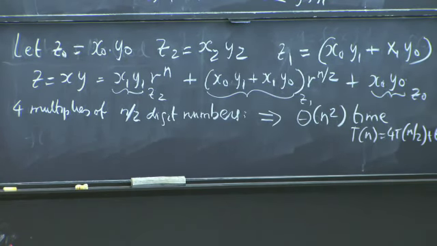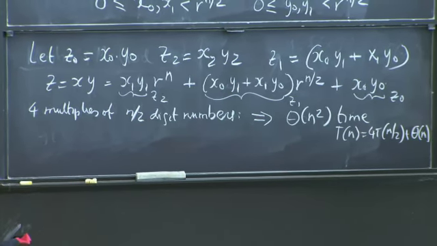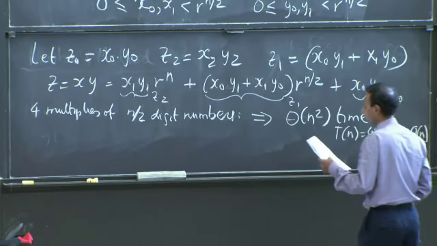You're assuming that the additions take linear time. So that's how you get your theta n square algorithm.